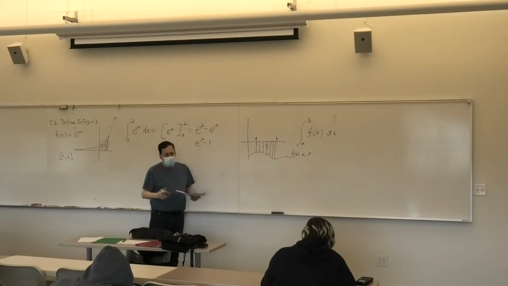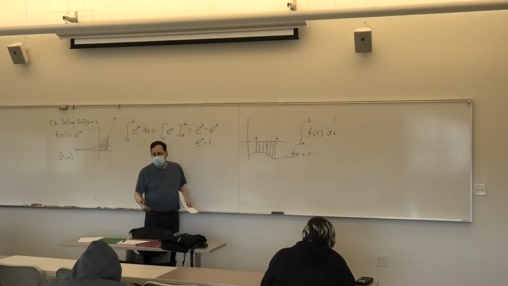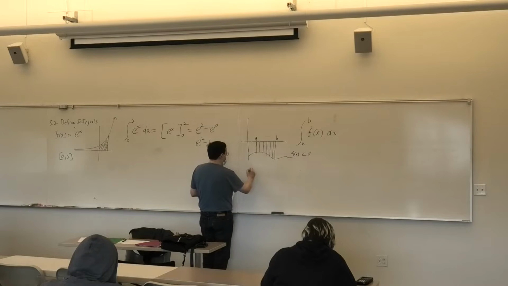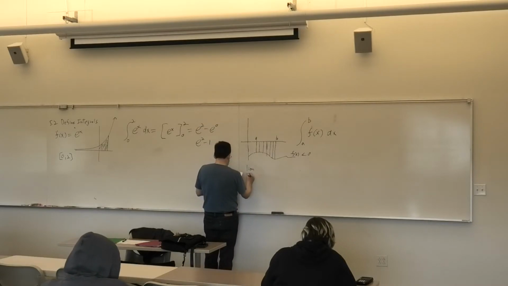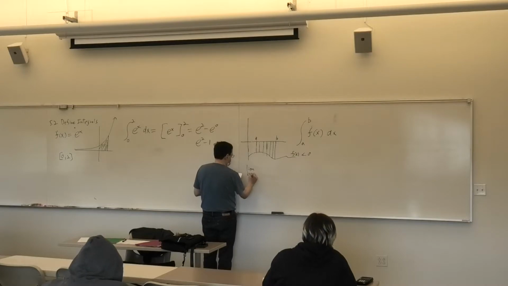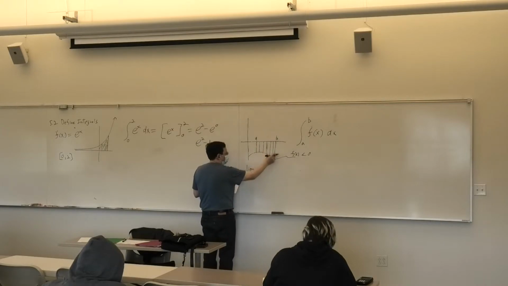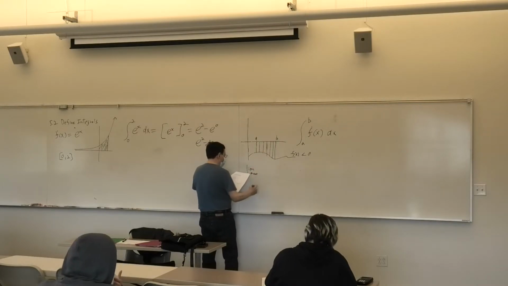So here we have to go back to the definition we looked at before, where we treated this area as the limit as the number of rectangles gets infinitely large and the distance between these points gets small.